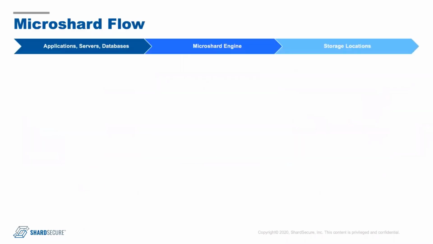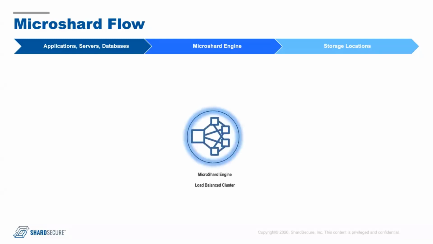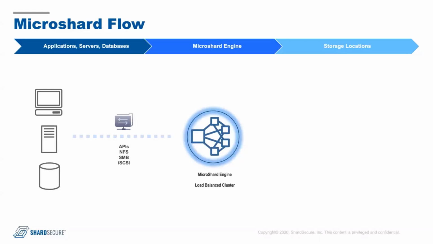All right, so how does microsharding fit into your environment? It really sits here in the center. You would have a Microshard engine, which is basically just a cluster of nodes. And then you'd have your application layer on the left-hand side here. This would include your app servers, your database servers, whatever device you have that needs to store sensitive data.